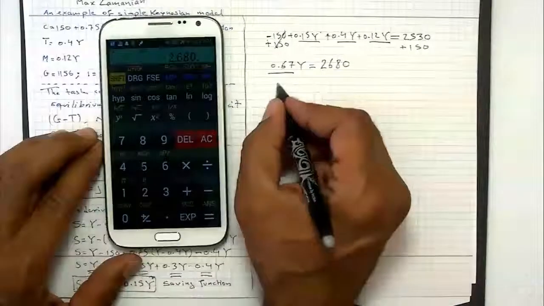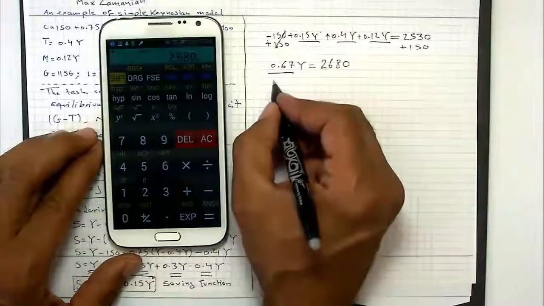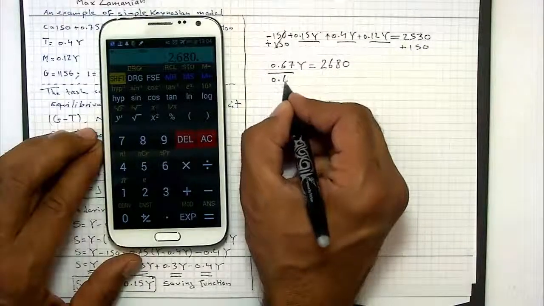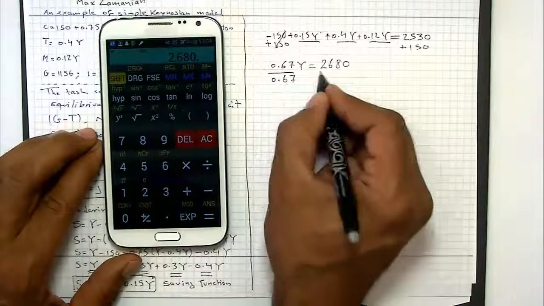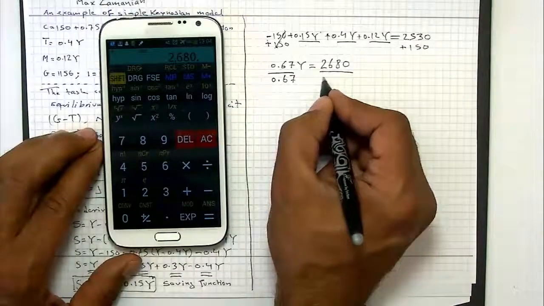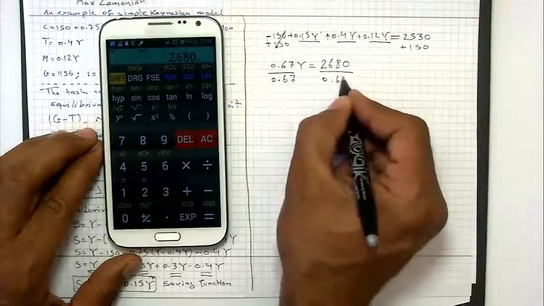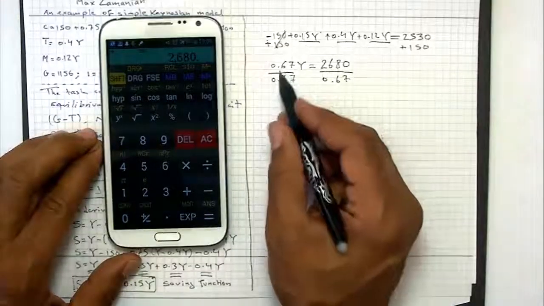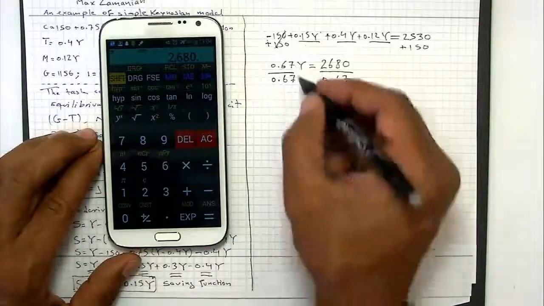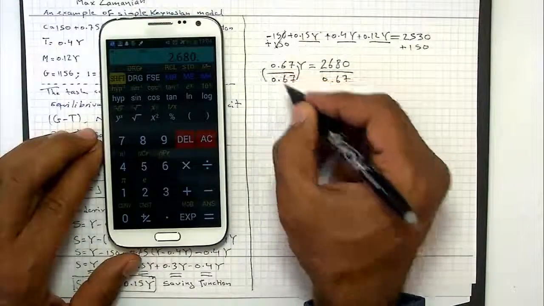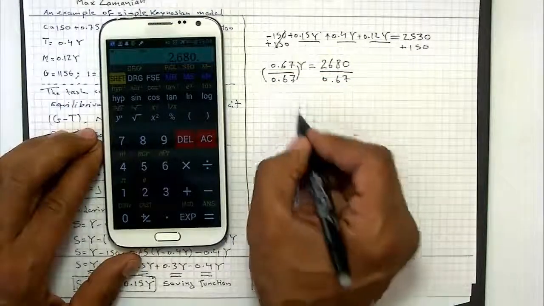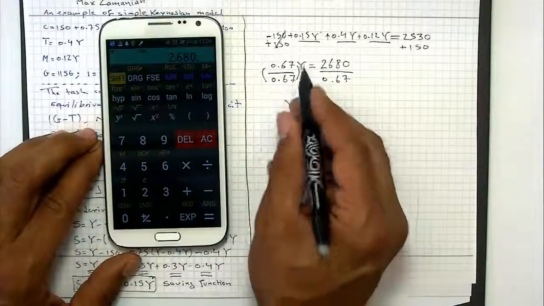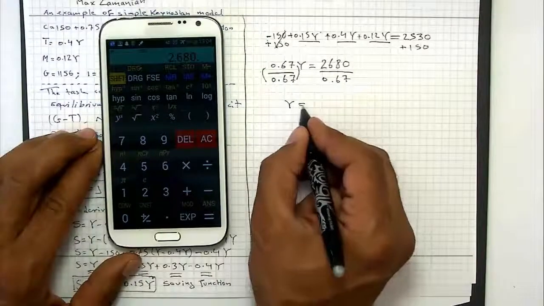To solve the equilibrium Y, here you divide both sides by 0.67. So from here, this is 1, so you don't need to write it. It's Y on the left hand side.